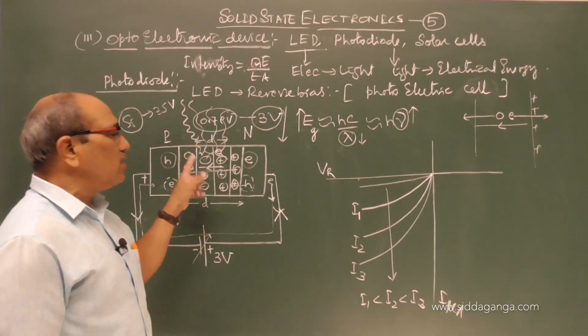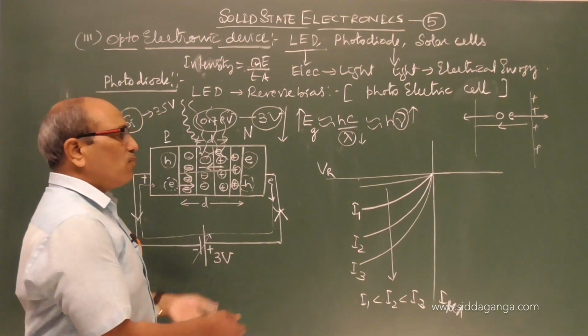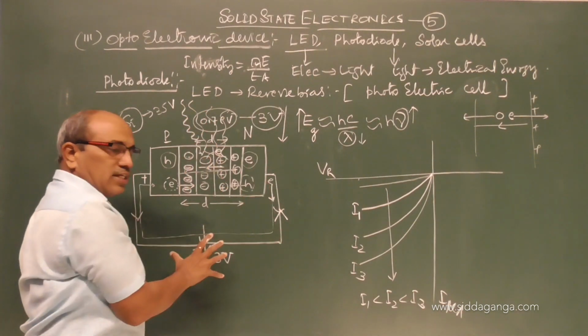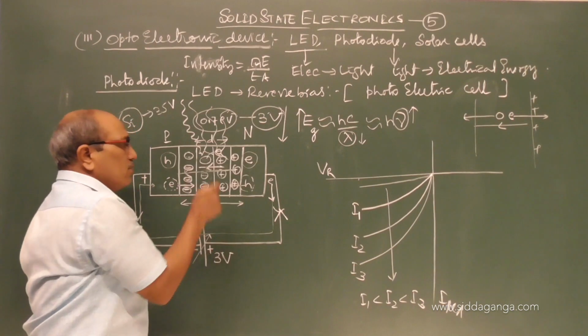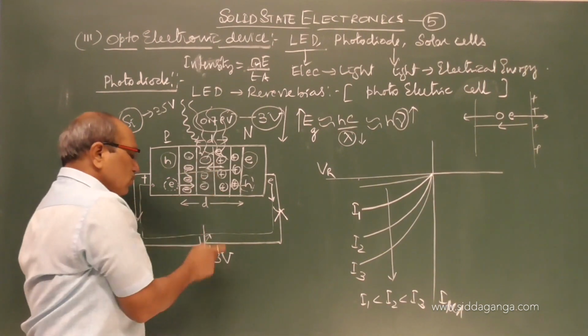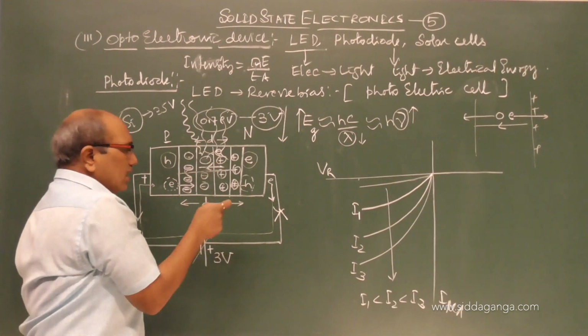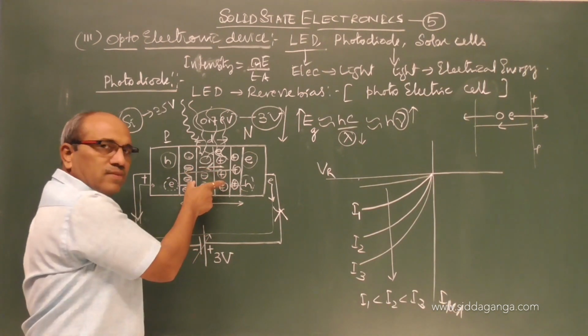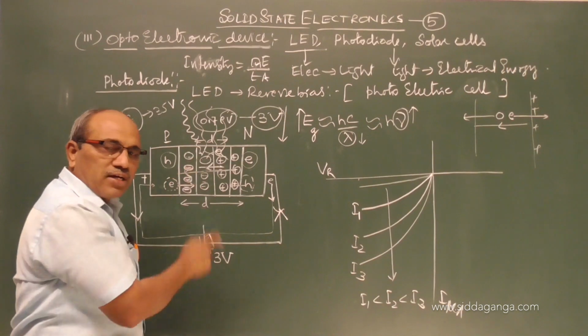Main application is as a photodetecting device. How it functions you come to know when radiation falls under reverse bias condition. When you keep the diode, at the voltage which is supplied, the depletion layer is present well within the breakdown voltage.